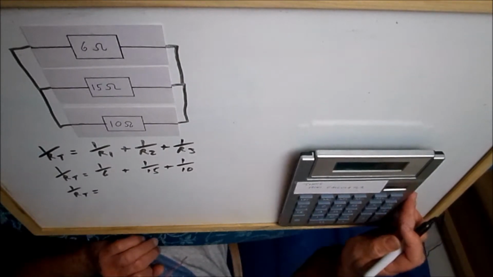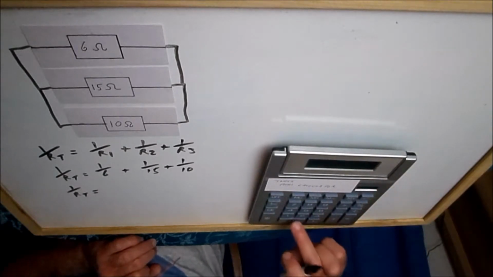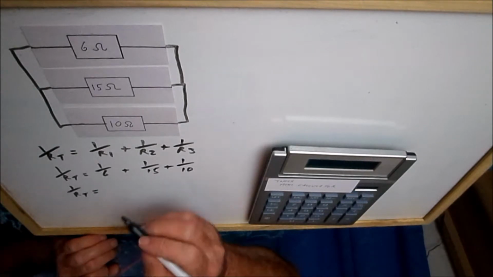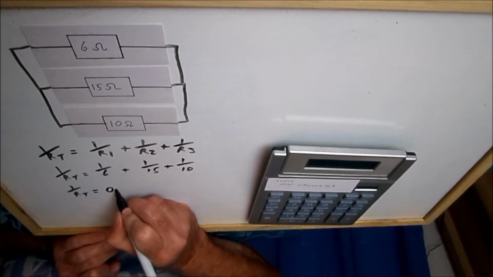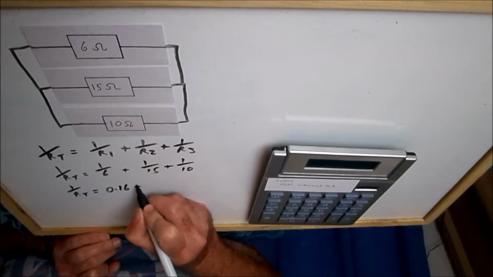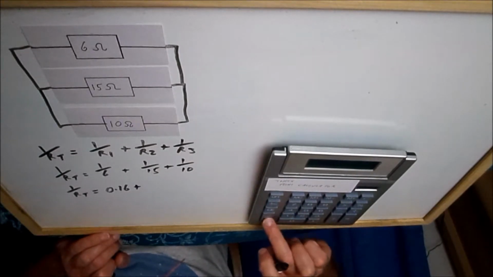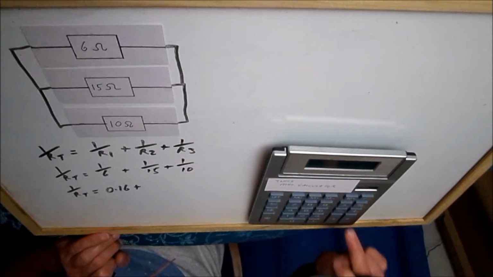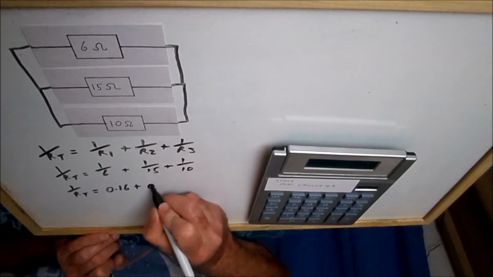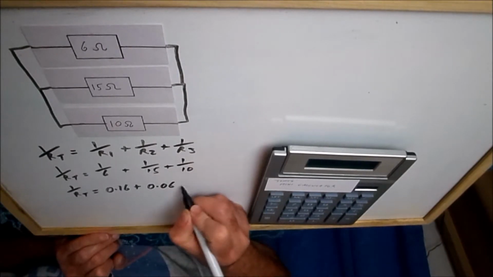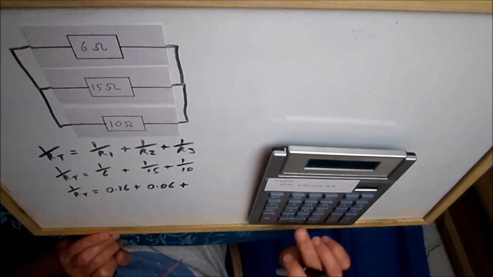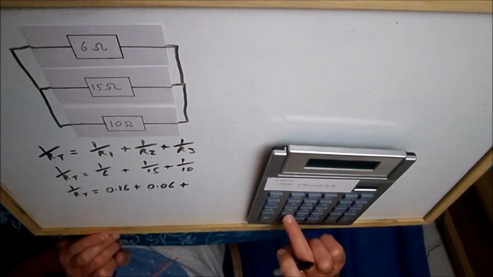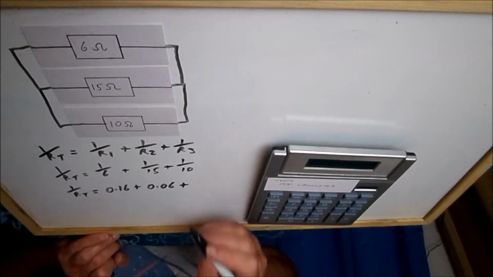So all we do is we say 1 divided by 6 equals 0.16. I'm only going to go to 2 decimal places. And then for the next one, we say 1 divided by 15 and equals 0.06. And then plus, let's go and find the last one, 1 divided by 10, and that equals 0.1.